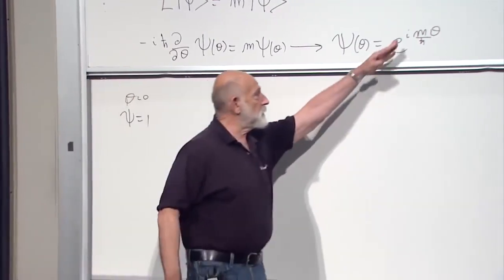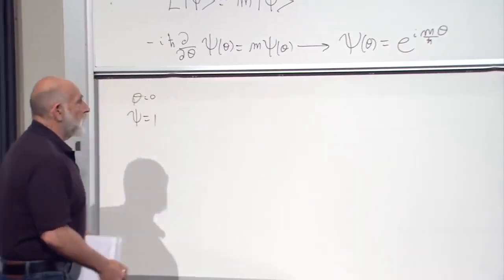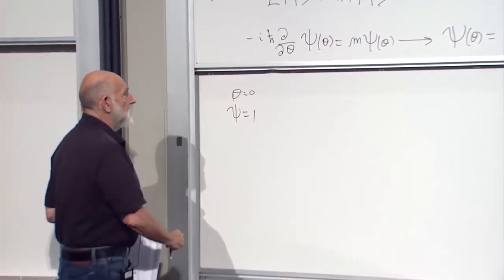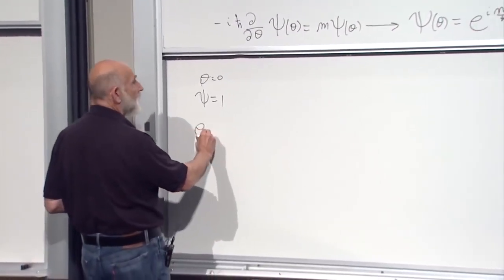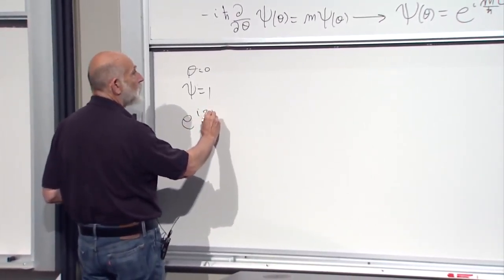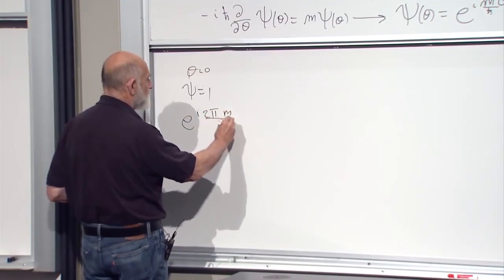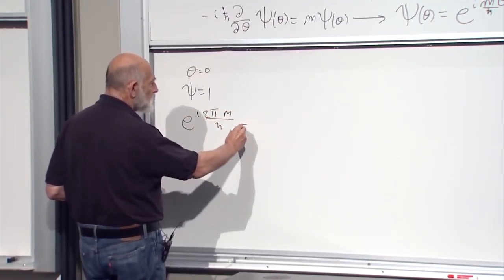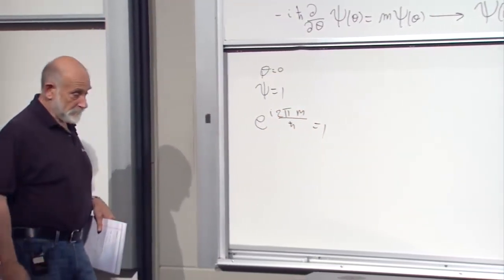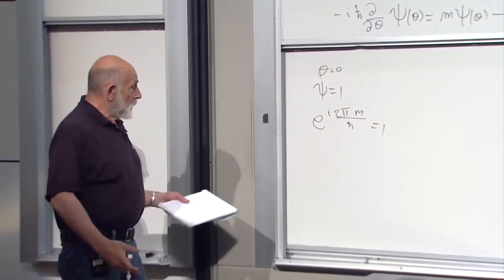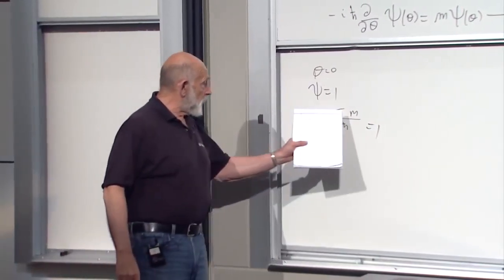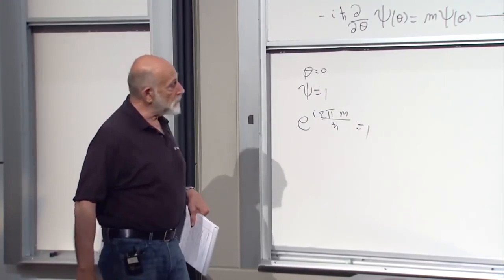If I set theta equal to 0, this is just 1. If I go around by 2 pi, the answer will be e to the i 2 pi m over h bar. And that also has to be equal to 1. What's the constraint? The constraint is that m over h bar has to be an integer.